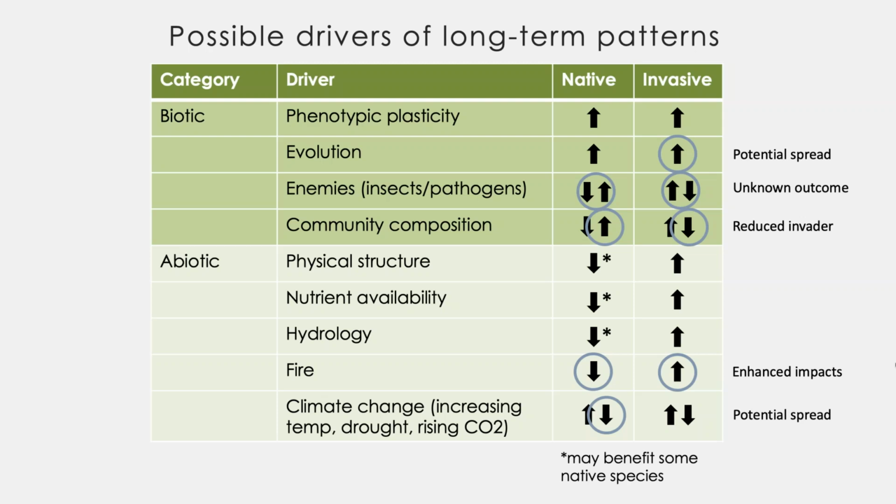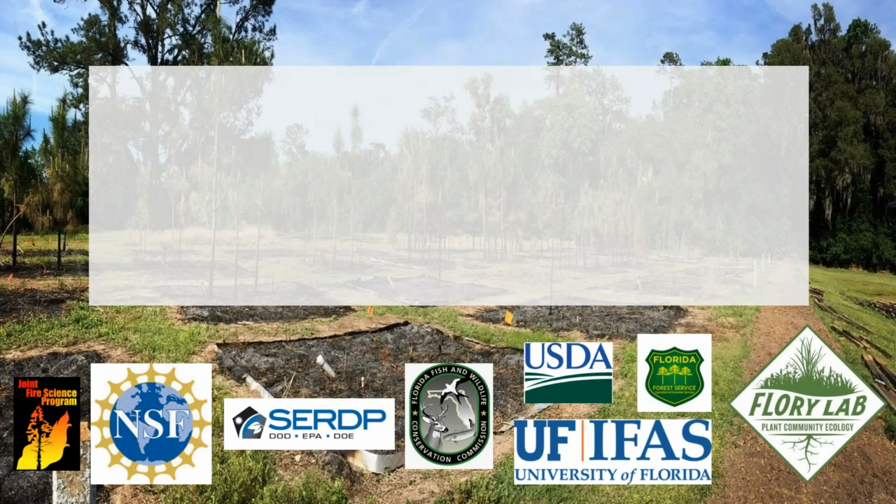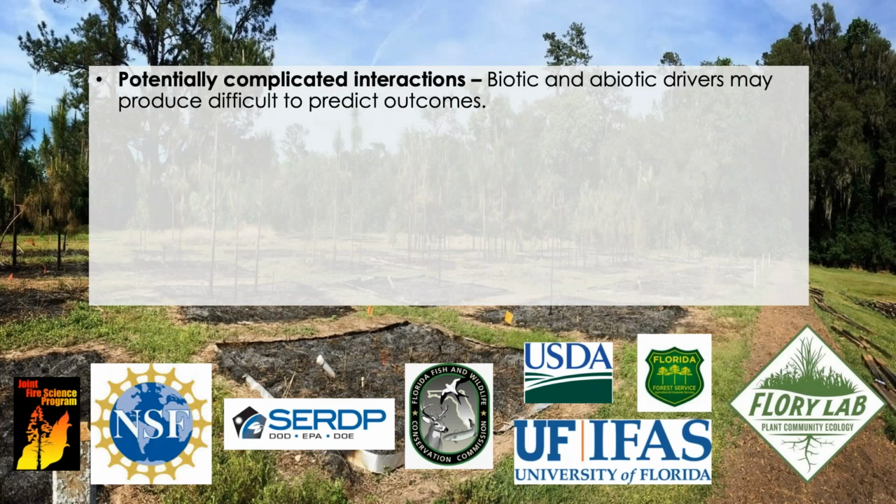We'd like to have broad models in order to predict when, where, and for which species each of these factors would be important. But at this point, I think we're really at the stage of collecting case studies on longer term dynamics and impacts of invaders.